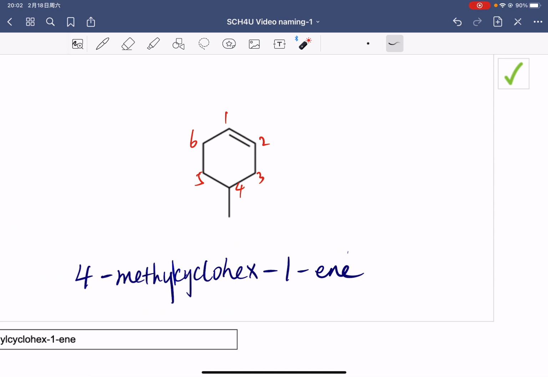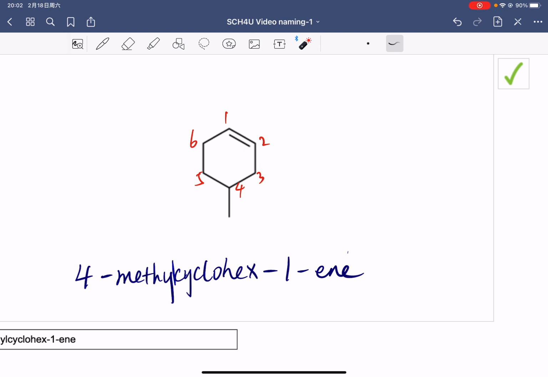For this one, we have to ensure that the ending of this name has the lowest number, so we'll start from here, because we have to let the double bond have the lowest naming number, because it will be the ending of this whole name. So we'll start from here as our carbon 1, and we have to find out the main chain.